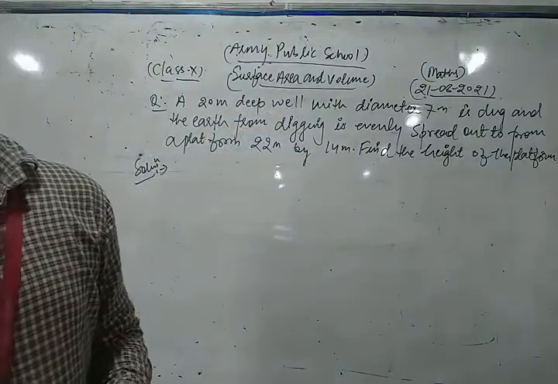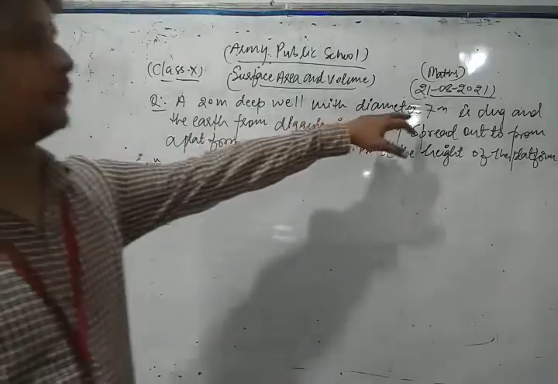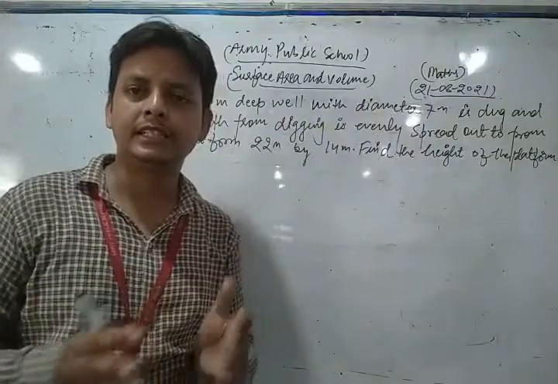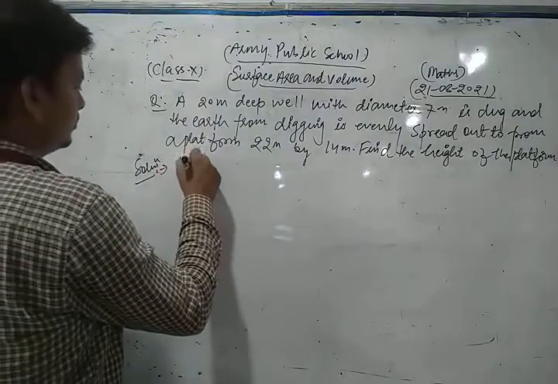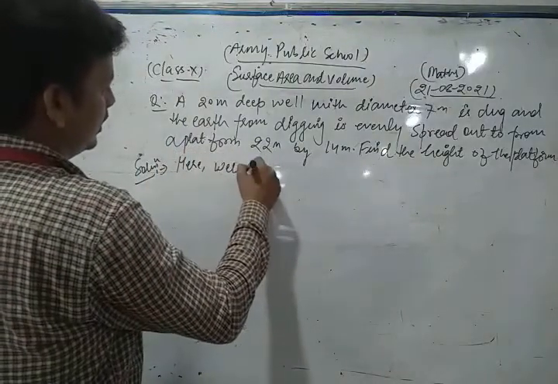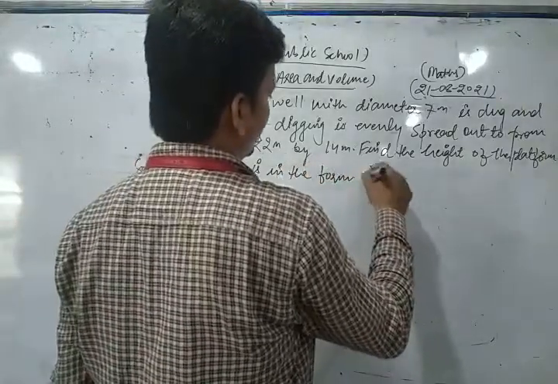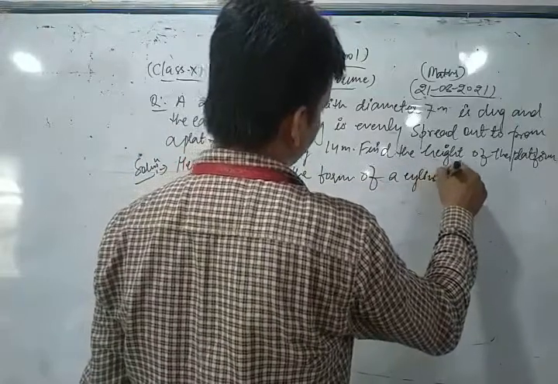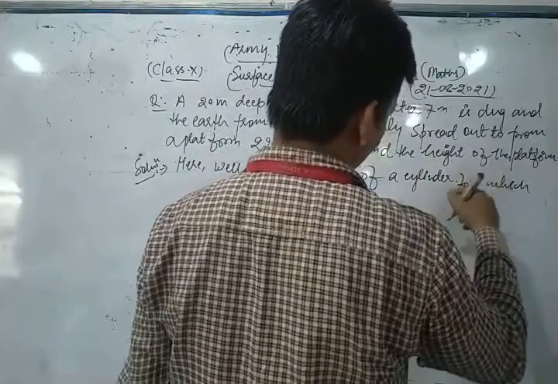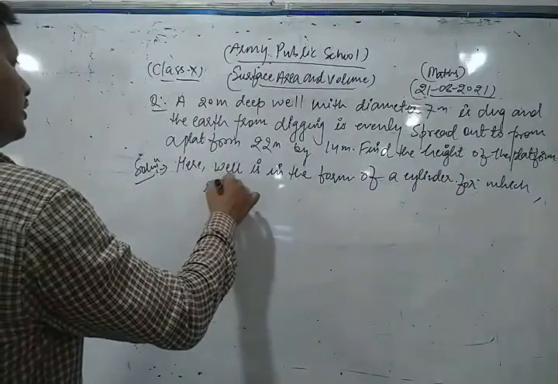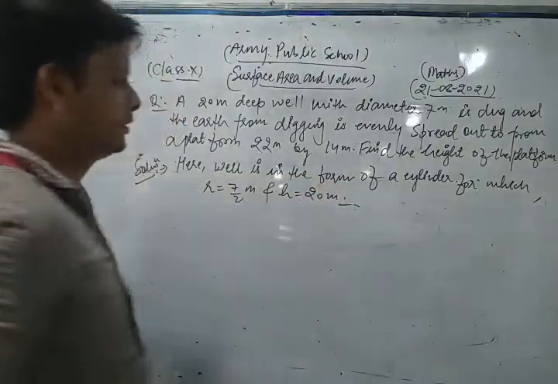The volume of the earth taken out of the well is equal to the volume of the cylinder, since the deep well is in the form of a cylinder, for which the radius is 7 by 2 meter and the height is 20 meter.